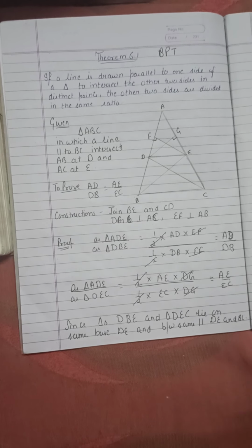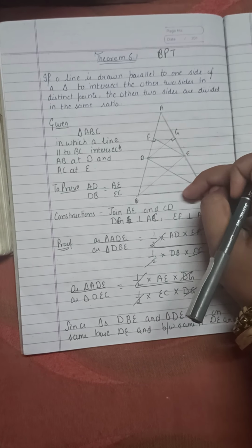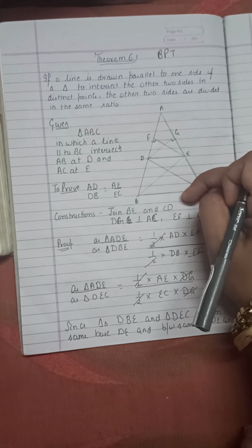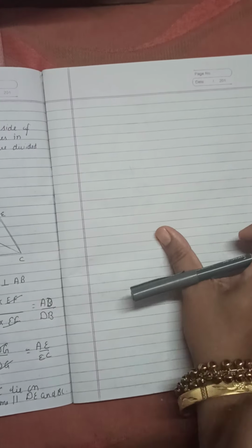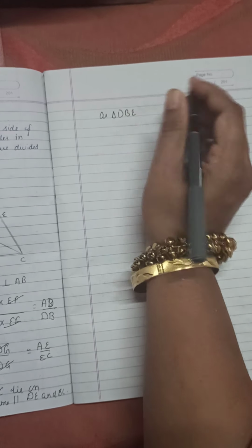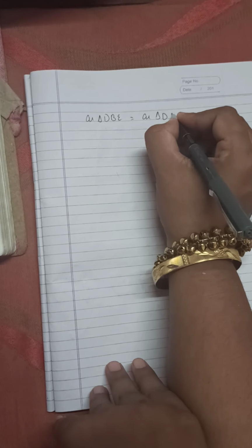We have done this theorem in our 9th class. If two triangles lie on a common base and between two parallel lines, then the areas of these two triangles must be equal. Therefore, area of triangle DBE must be equal to area of triangle DEC.